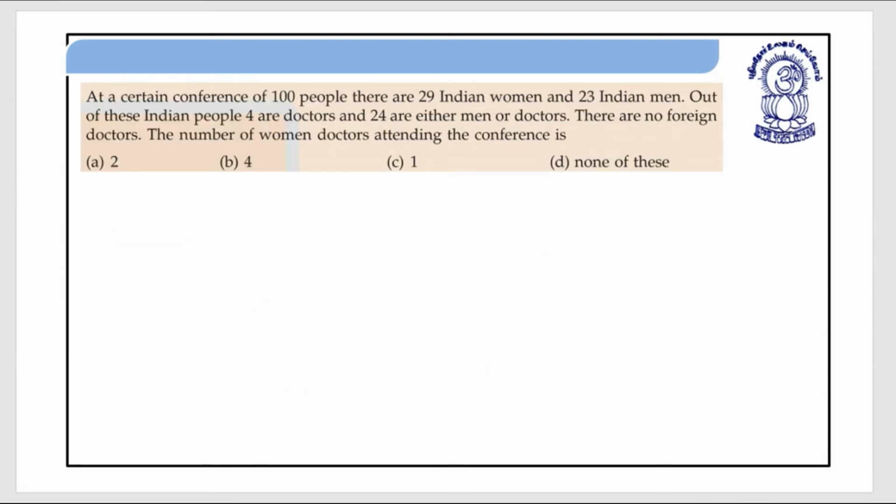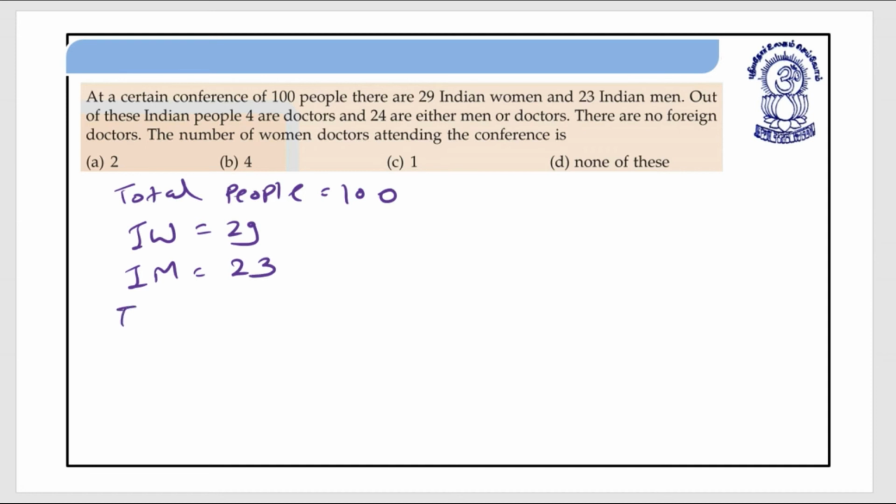Now next, at a certain conference of 100 people, there are 29 Indian women. Total people 100. Indian woman IW is equal to 29. Men is equal to 23. Total D is equal to 4.